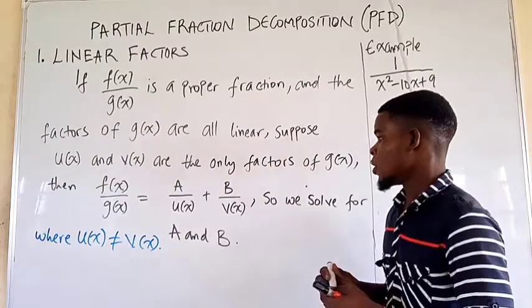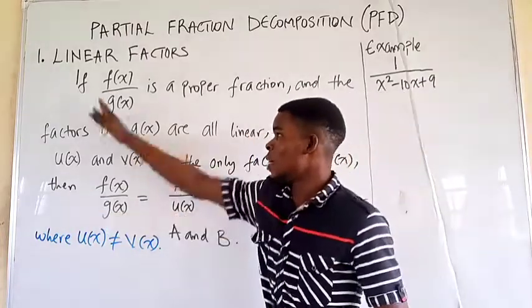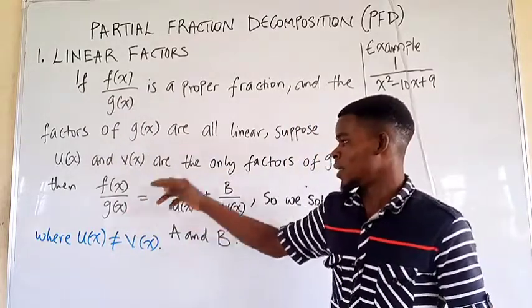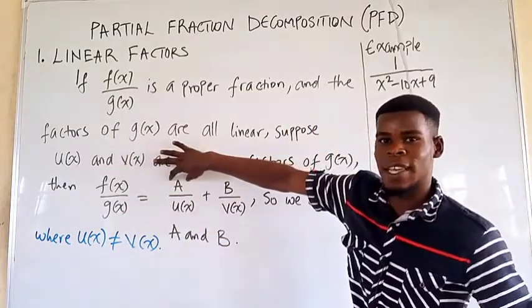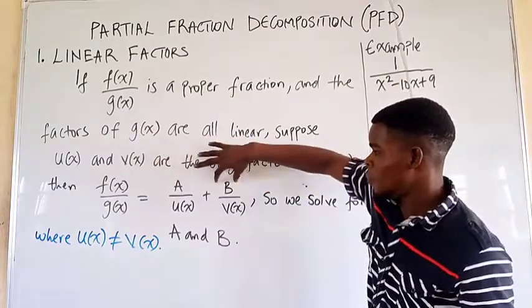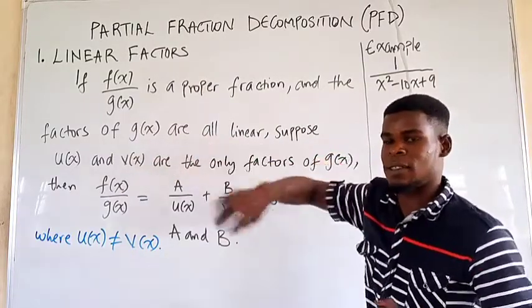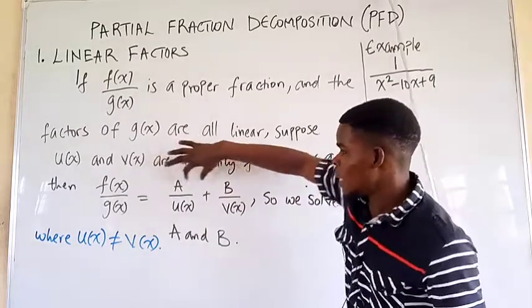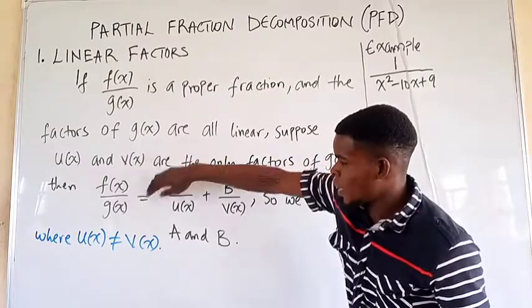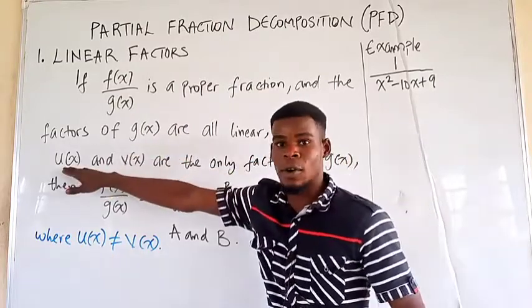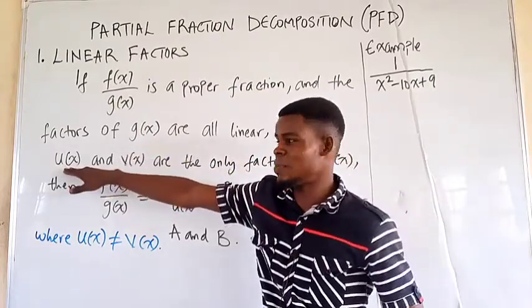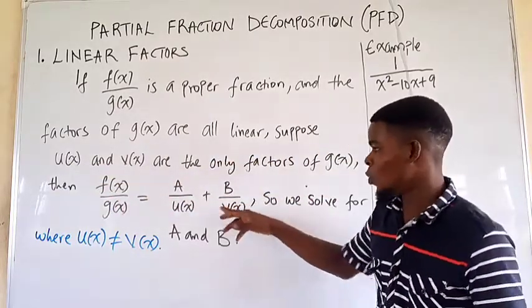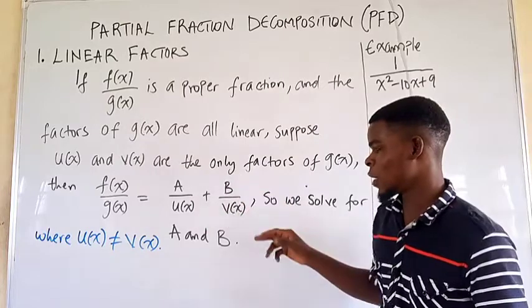It means that we can write the fraction f of x over g of x, the proper fraction, as a over the first factor plus b over the other factor.